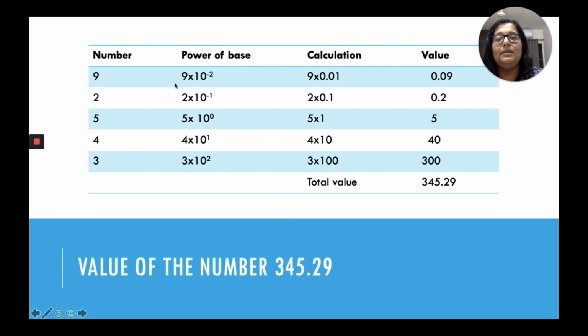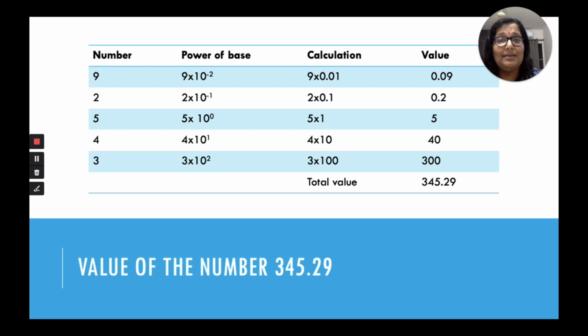So you can write the power of base as 9 into 10 raised to minus 2. 10 raised to minus 2 means anything raised to minus is 1 by that number. For example, 10 raised to minus 2 is equal to 1 by 100. Similarly, 2 raised to minus 2 is 1 by 2 raised to 2.